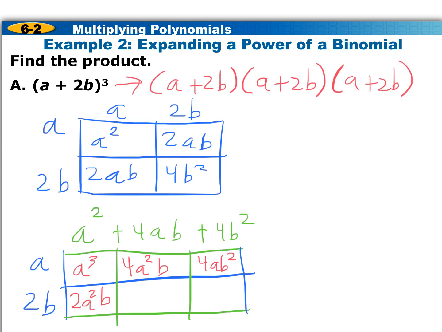The reason for that is then we can identify like terms easier. 2b times 4ab is 8ab squared, and 2b times 4b squared is 8b to the third power. Now we can go through, add our like terms, and we'll get our final answer.